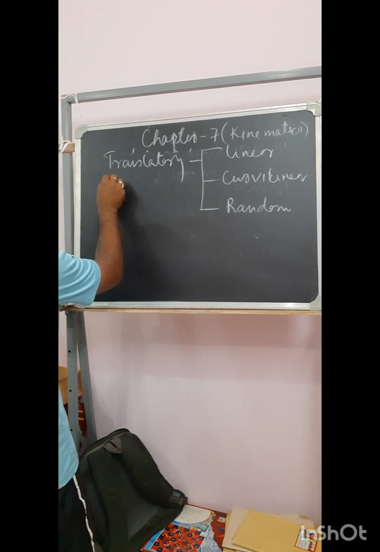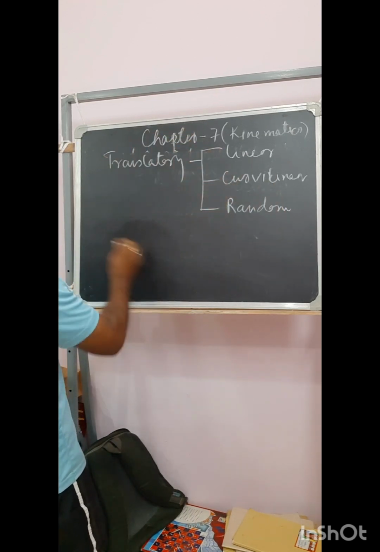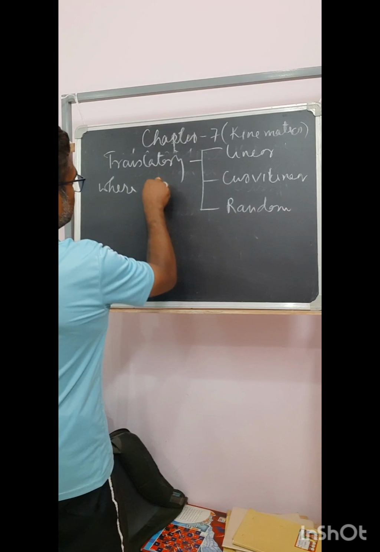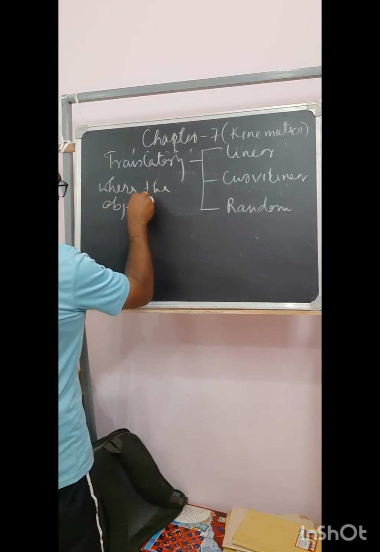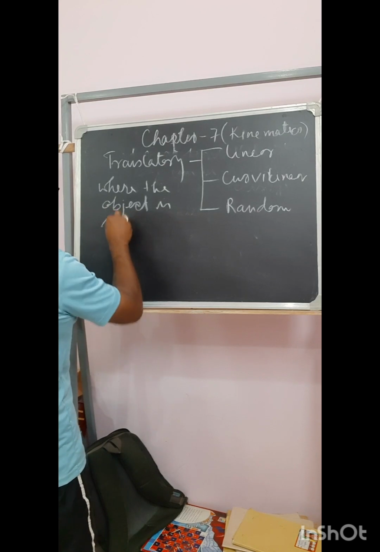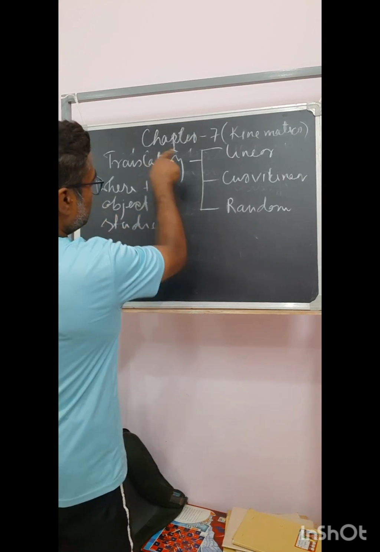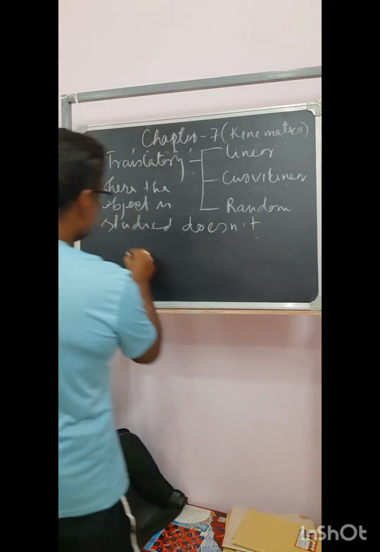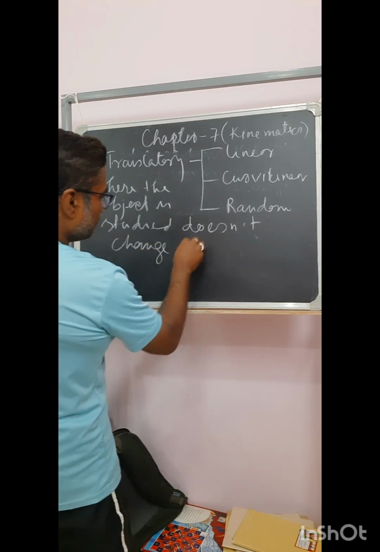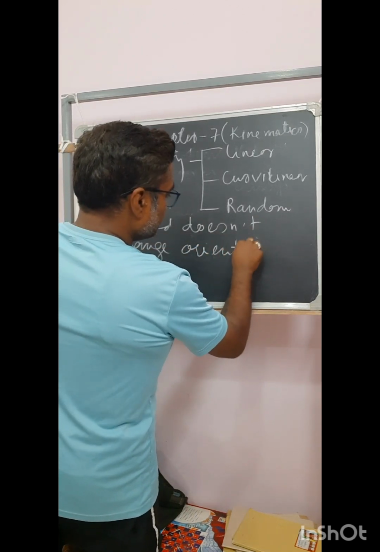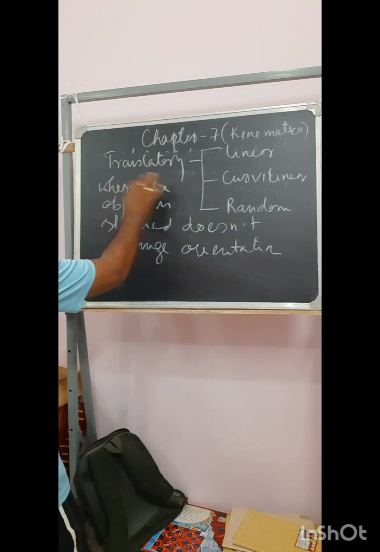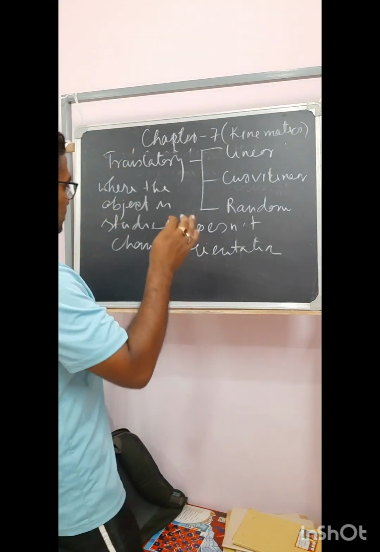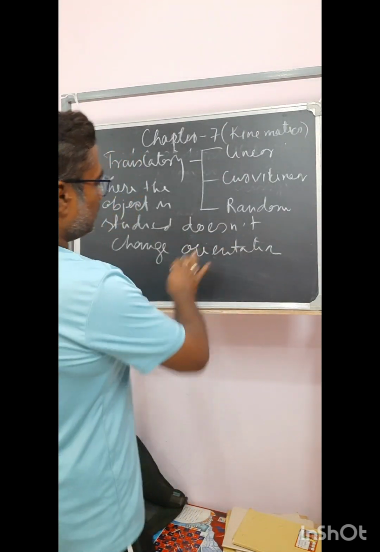If I define translatory motion broadly in general terms, it is the motion where the object under study does not change its orientation. That is the basic definition: the object under observation will not change its orientation.